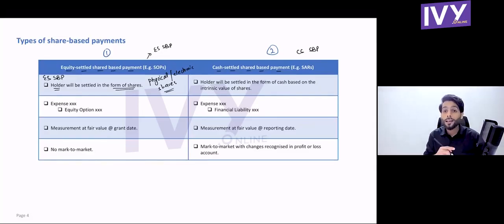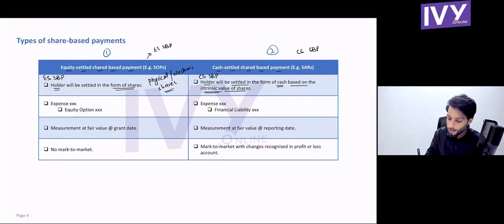Now there is another type of share-based payment which is known as cash settled share-based payment. Sir, what do you mean by cash settled share-based payment? Now, cash settled share-based payment transaction is a transaction in which the holder will be settled in the form of cash based on the value of shares, or if I may say, based on the intrinsic value of shares.